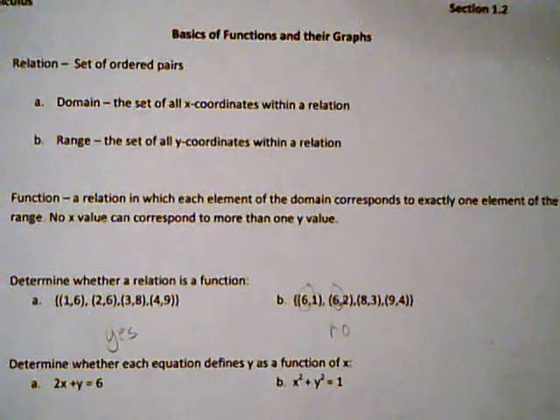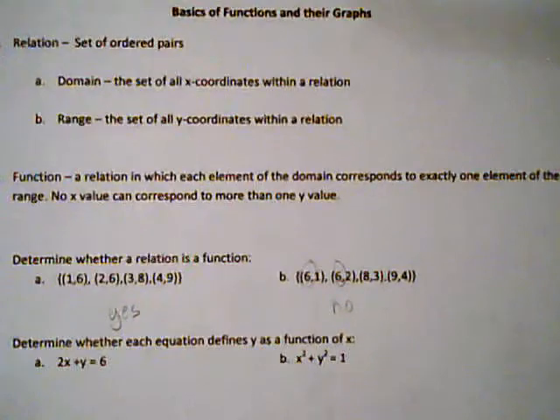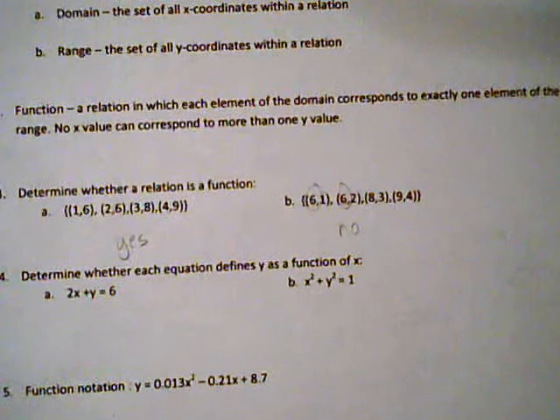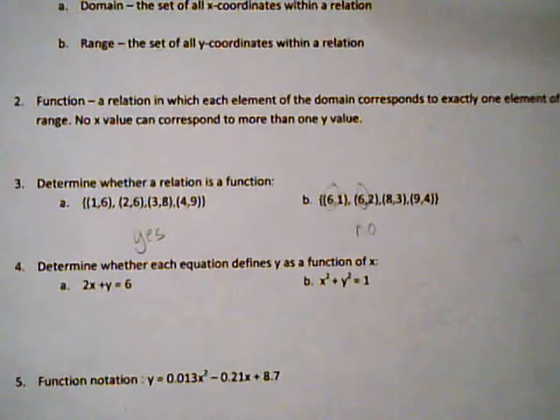Sometimes you'll only have the equation and not the set of points, like on number 4, where it says determine whether each equation defines y as a function of x. So in this case, what you're going to have to do is solve the equation for y.